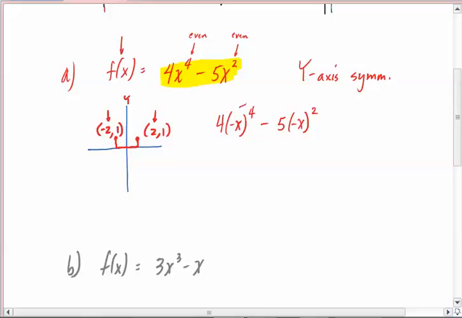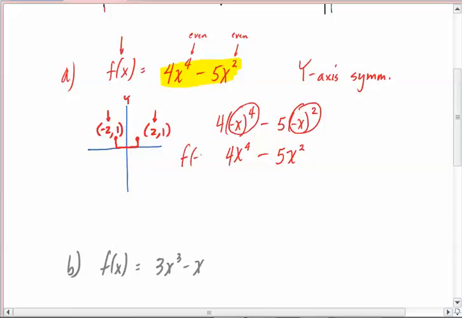So let's see. -x to the 4th power is positive x to the 4th, right? The negatives go away. So that's that. -x to the 2nd power is just x to the 2nd power. And then x to the 2nd power times -5 is just still -5x to the 2nd. So, look what we get.